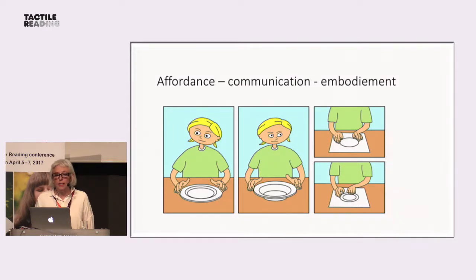In this context, where the child has the plates and then the tactile pictures, it is very likely that they interpret the round shape as a plate. But the context affects how the tactile pictures are interpreted.